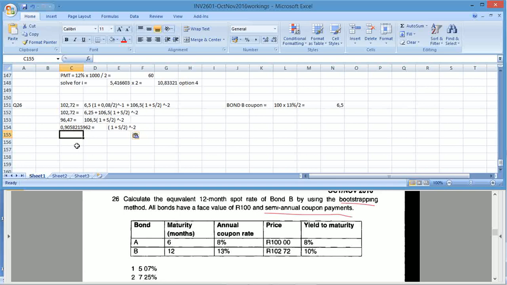So I'm just taking that figure, that amount, and raising it to the power -1/2, close brackets. That gives me 1.050699836, which equals this.